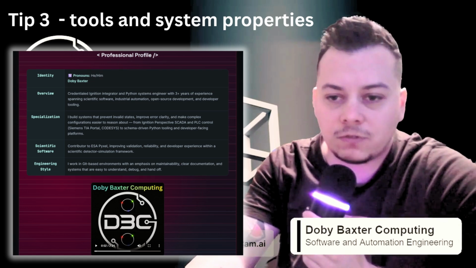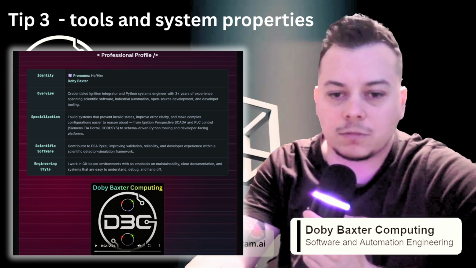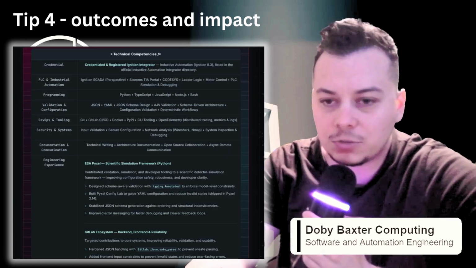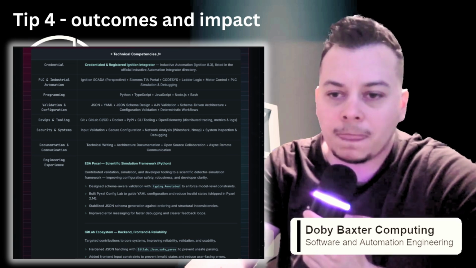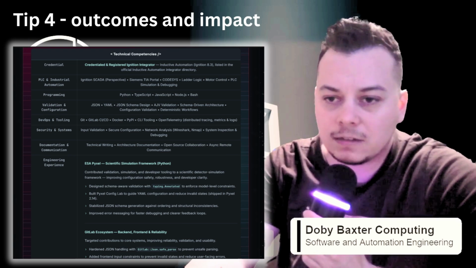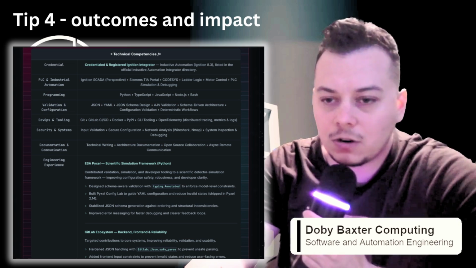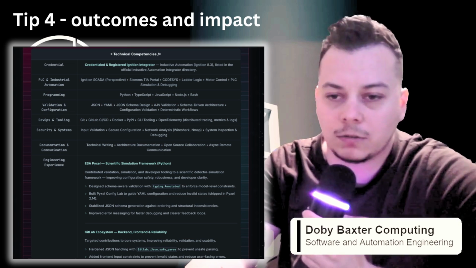Now, tip 4 is, and I think this is the most important one, pair your tool inventory with the description of real applied work. So a categorized list of tools is useful for scanning, but on its own, again, it might be low information.